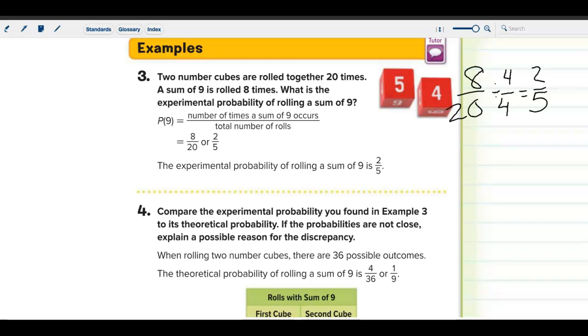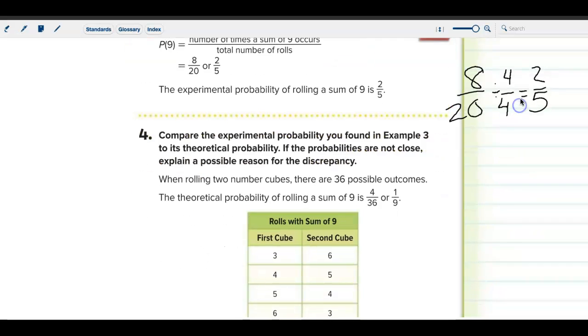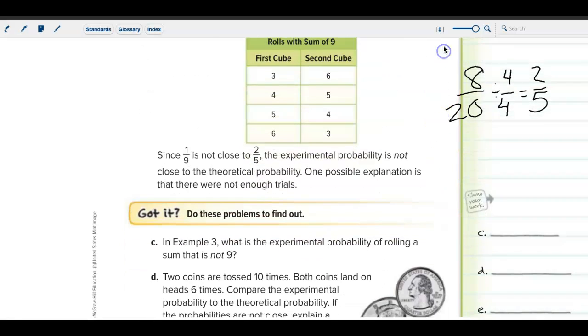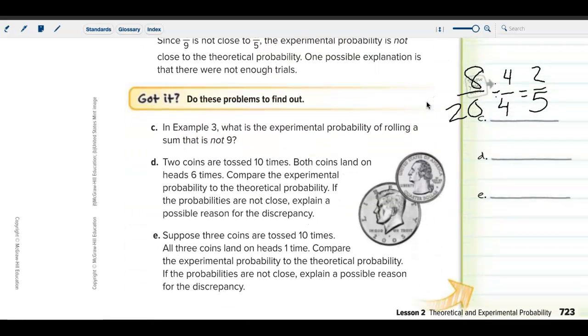Now, this problem is a complementary because it's the opposite of rolling a 9, and that's not rolling a 9. So if we actually rolled 9 8 out of 20 times, we didn't roll 9 20 minus 8, 12 times. So our fraction would be 12 out of 20. That cannot be reduced.